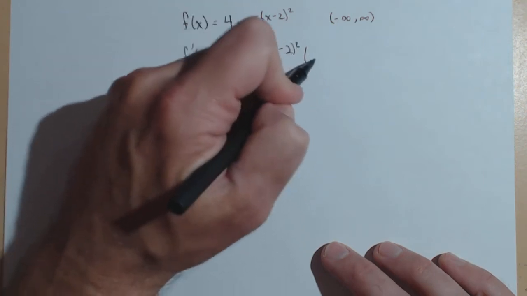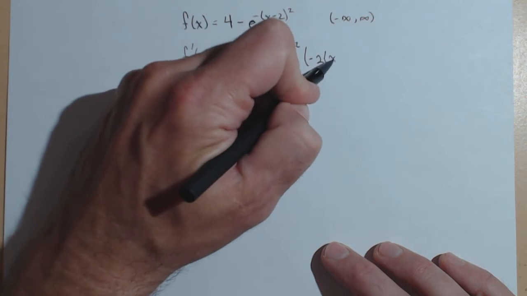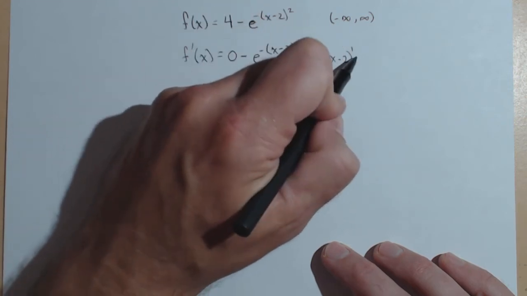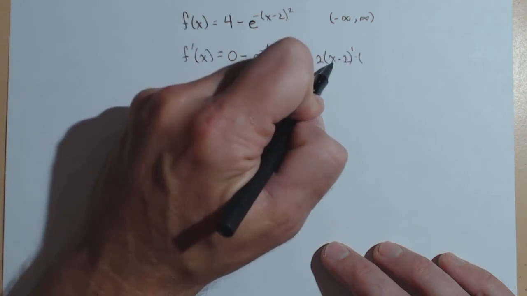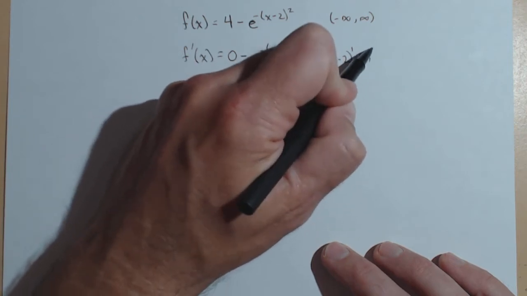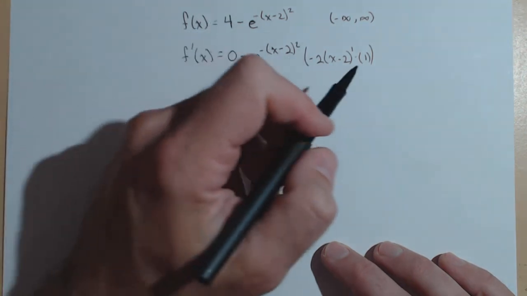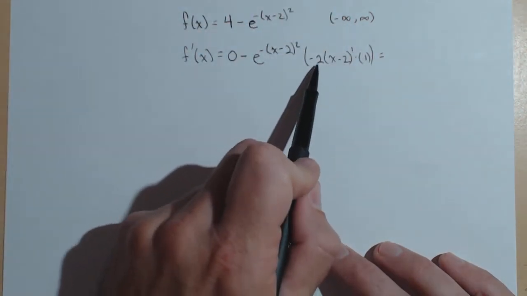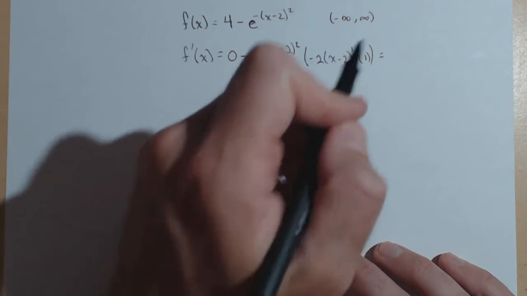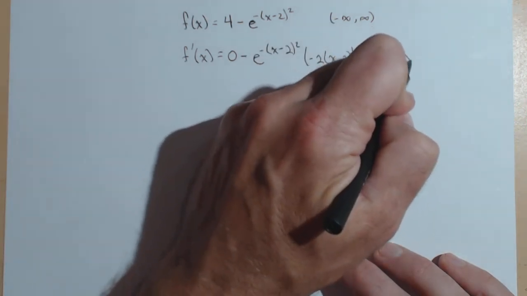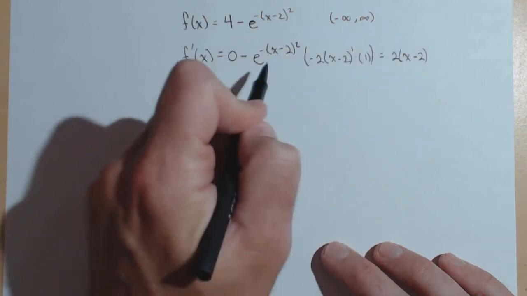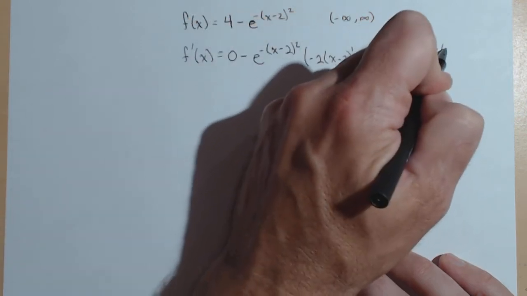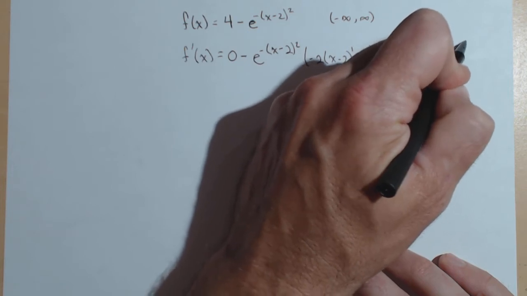So bringing that 2 down, we'll have a negative 2 times x minus 2, leave the inside alone, decrease the power by 1, multiplied by the derivative of the inside, which is just 1. So our derivative, let's clean this up a little bit. We got a negative times a negative, so that'll be positive. So we'll have 2 times x minus 2, and then our exponential piece, e to the negative (x minus 2) squared.